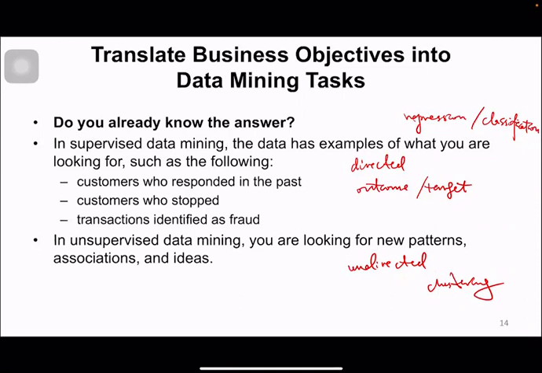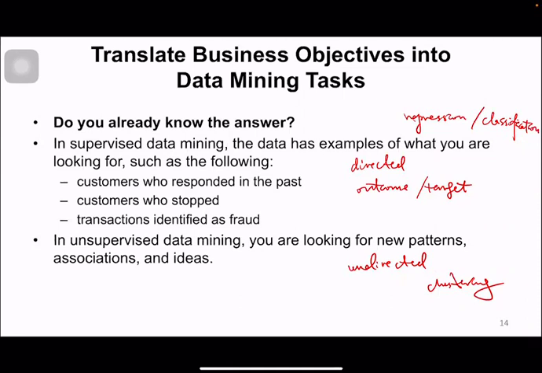So those can be used as classification or regression models. You can predict who stopped based on whatever factors, and you can classify who churns, 0 and 1, who will churn, who will not, right?